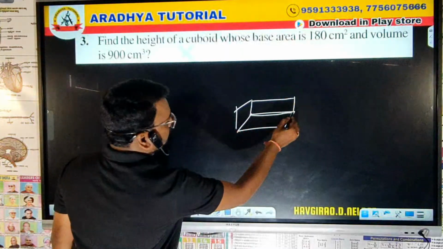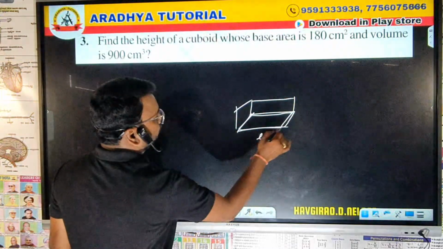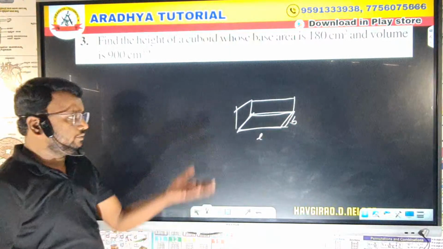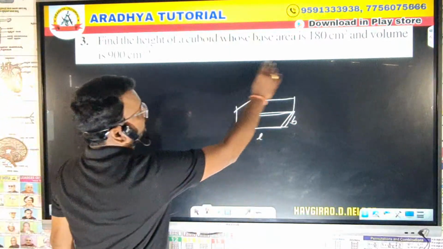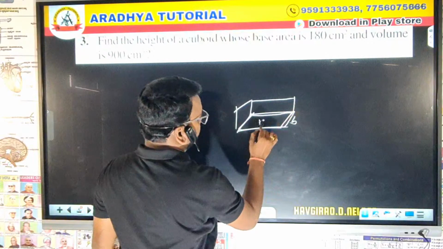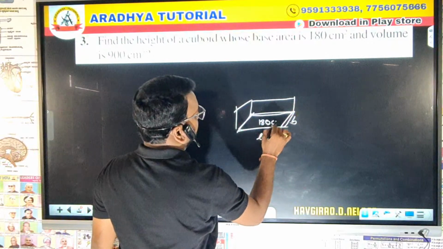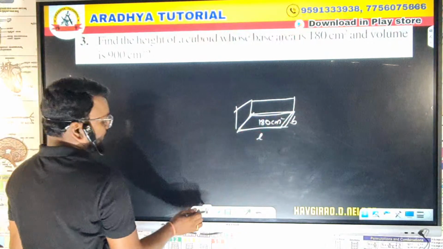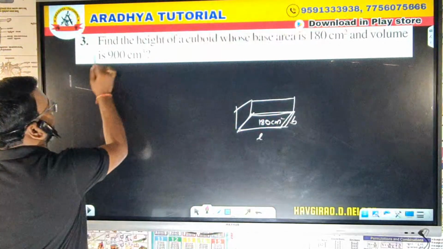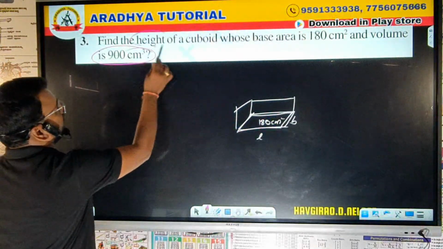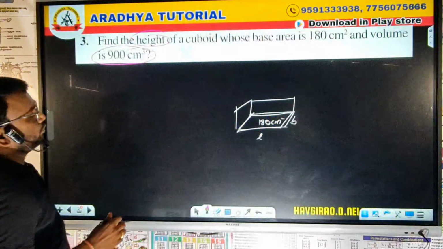This is the base. Base is L into B, length into breadth. Base area is 180 centimeter square, and the total volume is 900 centimeter cube. We want to find the height of the cuboid.